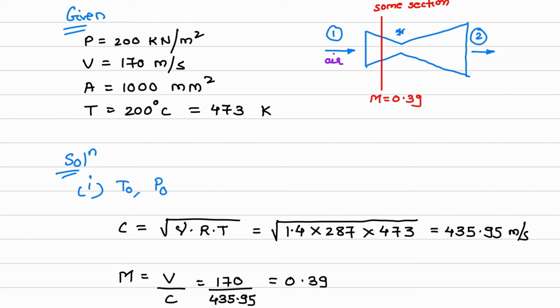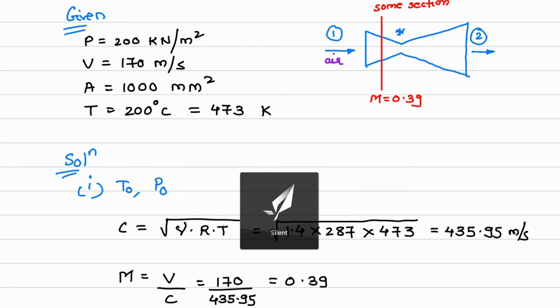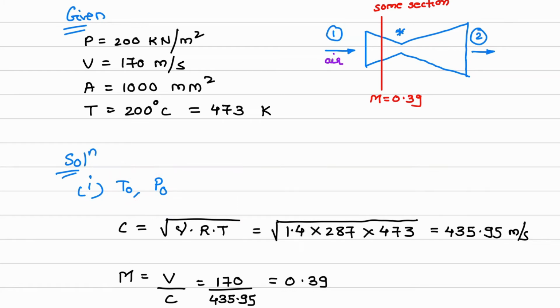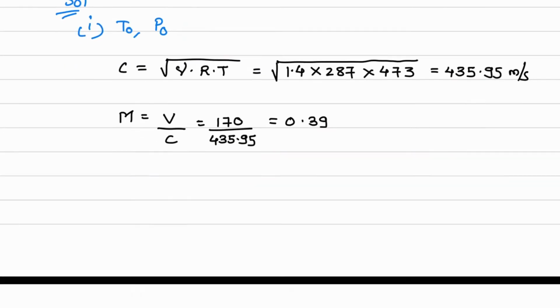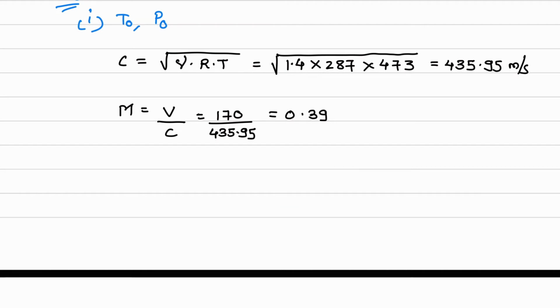Now what I have to find? I have to find the stagnation temperature and stagnation pressure. How to find this now? I have to see the gas table. So I'll write it down over here: for gamma equal to 1.4.